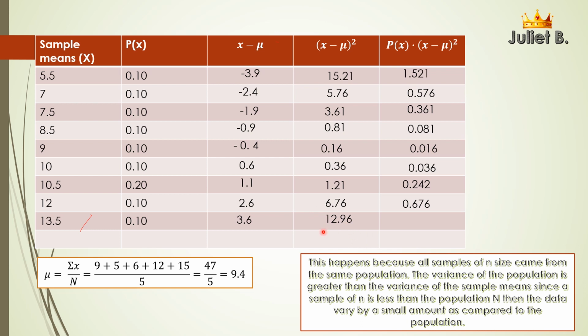And then 12.96 times 0.10 is 1.296. After that, we add these, and that will be our variance, 4.81.